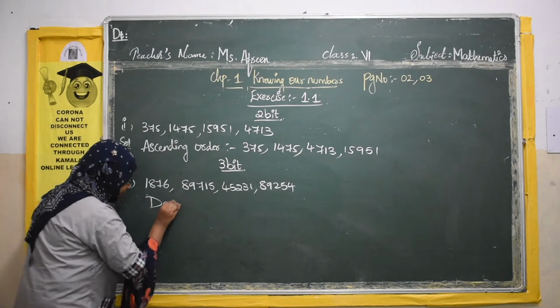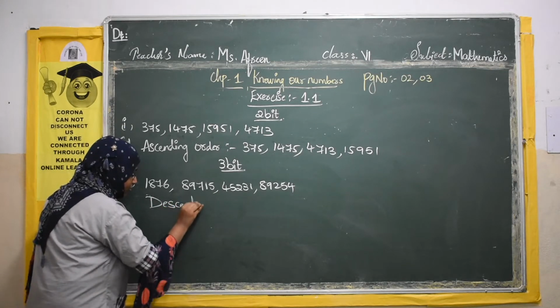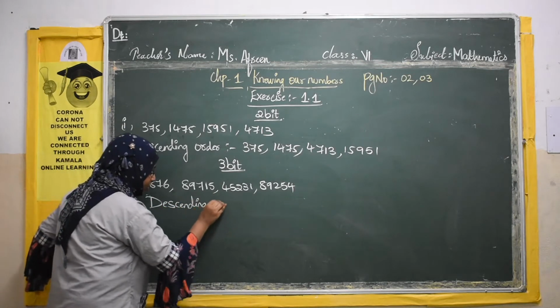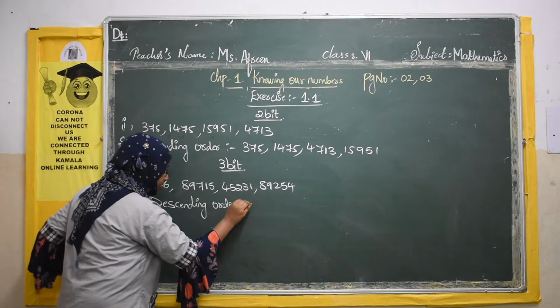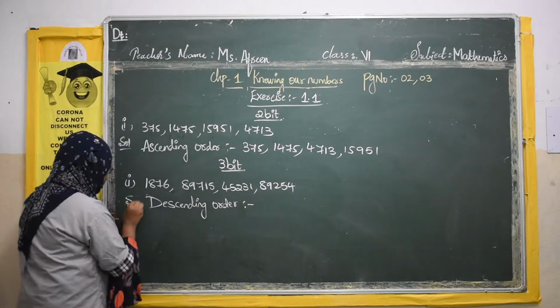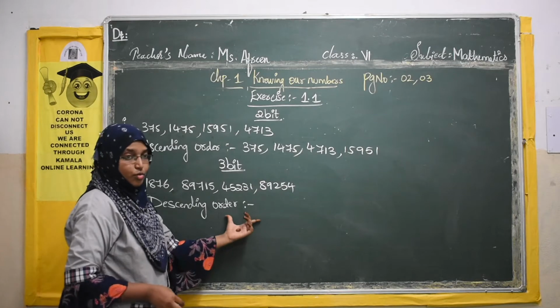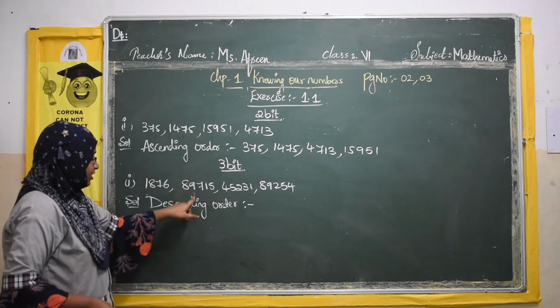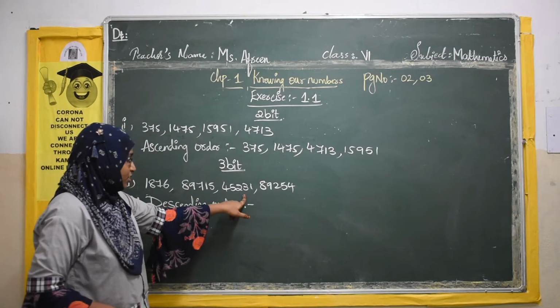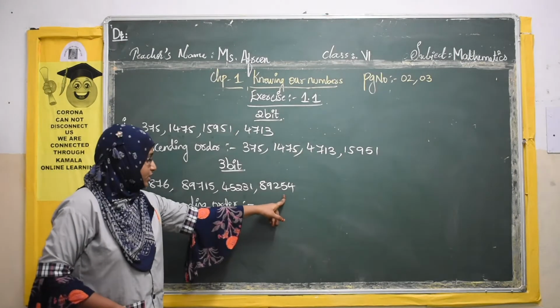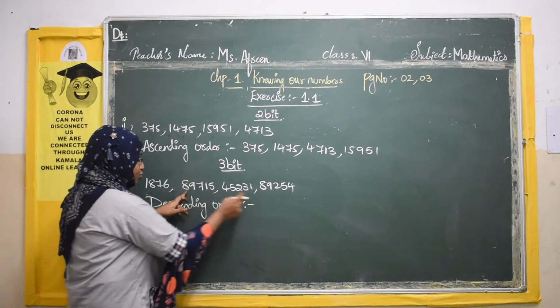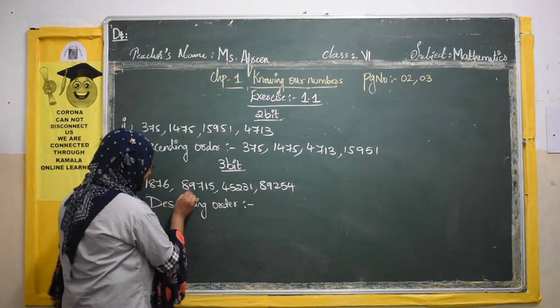Write it as descending order. What do we know about descending order? That is writing from big to small. Now among these, there are three numbers which have 5 digits, right? Now if you see, these two numbers have the same starting value, 89.